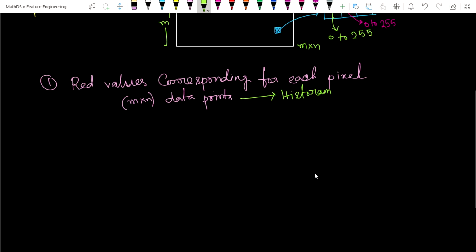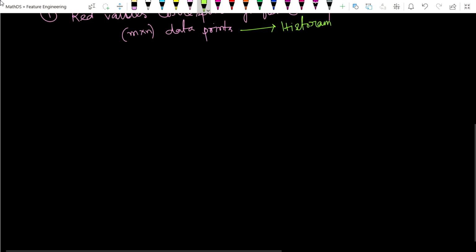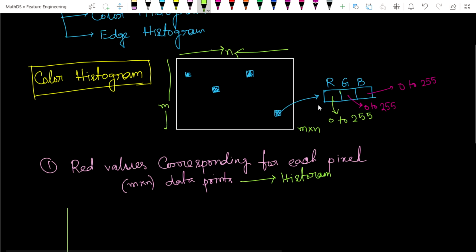The histogram structure will look like this. Let's see it carefully. First I have taken only the red color for each pixel, but each pixel's value contains three colors: red, green, and blue.